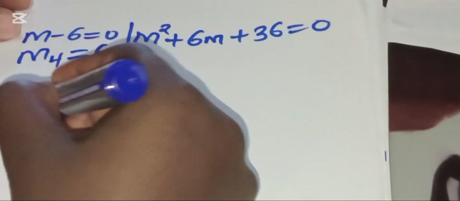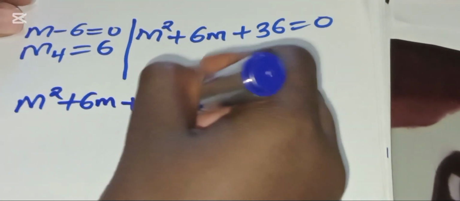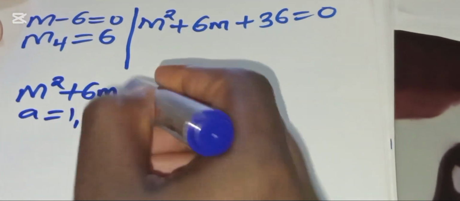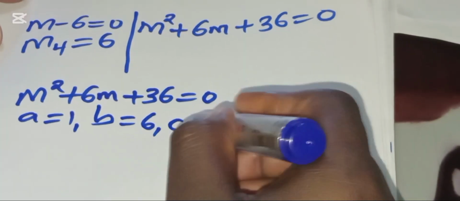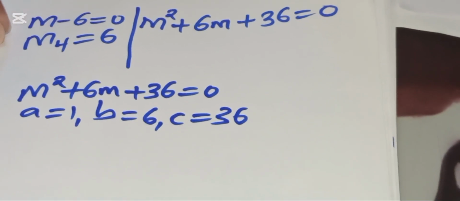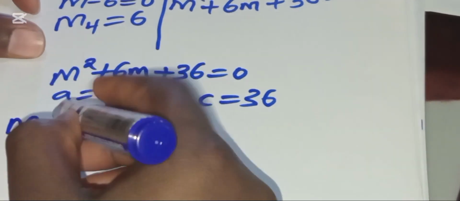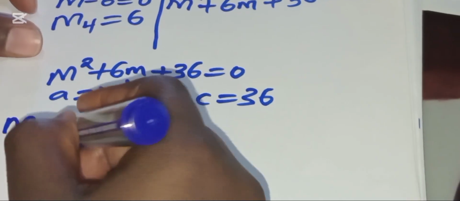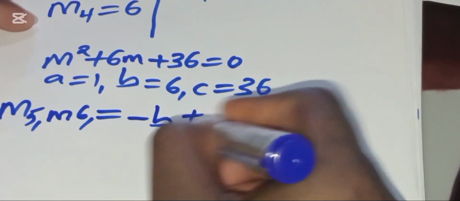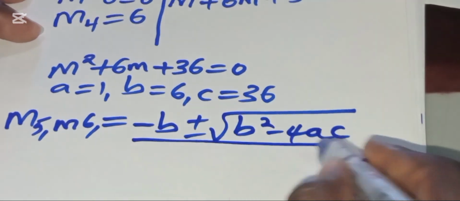We have m squared plus 6m plus 36 equal to 0. This is a quadratic equation with a equal to 1, b equal to 6, and c equal to 36. Now, applying the quadratic formula to solve for the values of m, which will be m5 and m6, we have negative b plus or minus the square root of b squared minus 4ac, all of this divided by 2a.